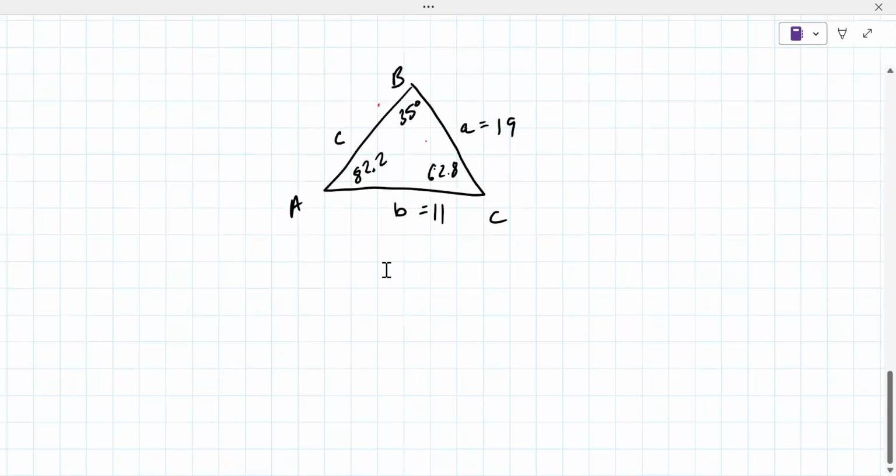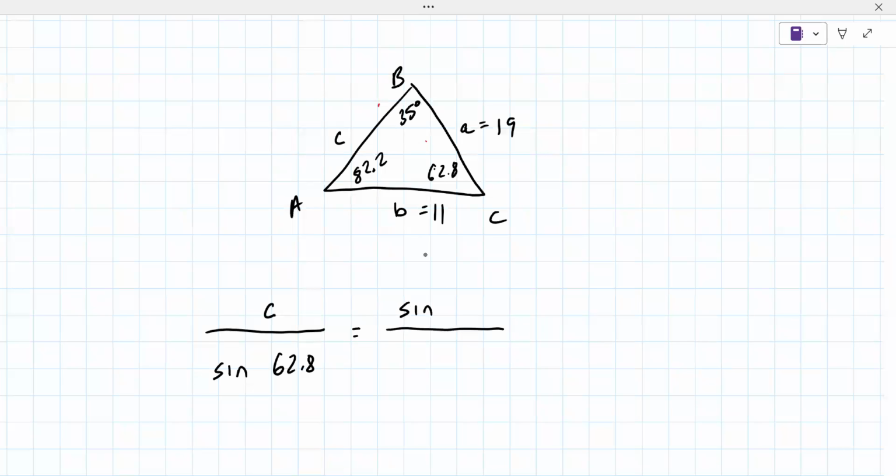This time you're trying to find c, so that goes top left. I always put the thing I'm trying to find top left over sine of big C, which is 62.8, equals, now you have a choice. You can either use big A and little a, or big B and little b. I always go back to the given information, just in the chance that I made a mistake in calculating it.